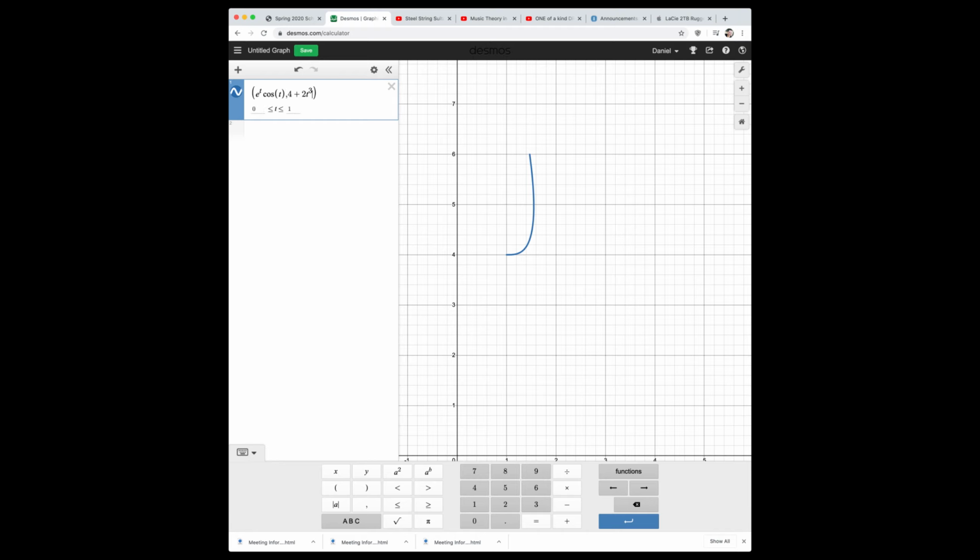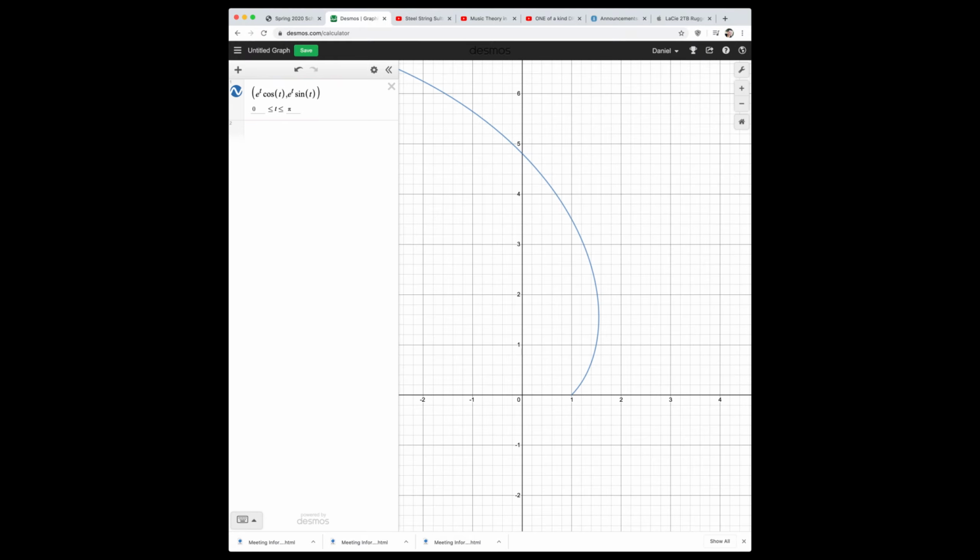Okay, and then e raised to the t power, we have sine t. I think we're okay. Now we're going to see some 0 to pi. Let's see if it does that. Yeah, okay, nice. There we go.